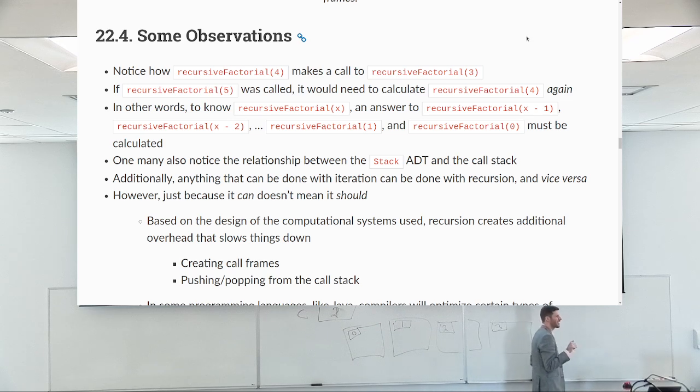If recursive factorial 5 was called, it would need to calculate recursive factorial 4. In other words, to know the recursive factorial of any arbitrary number x, we would have to answer every previous possible question, every value less than x.